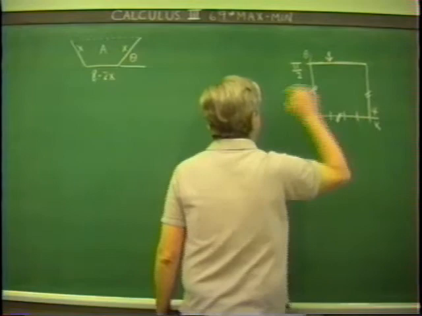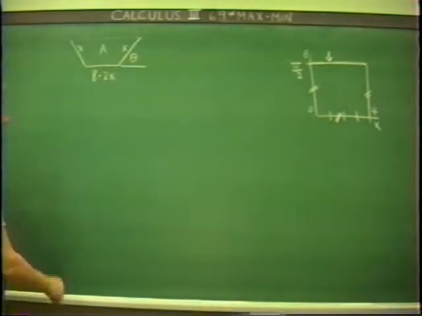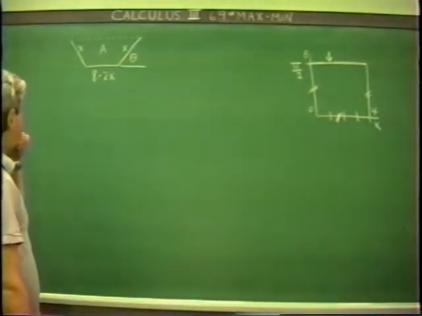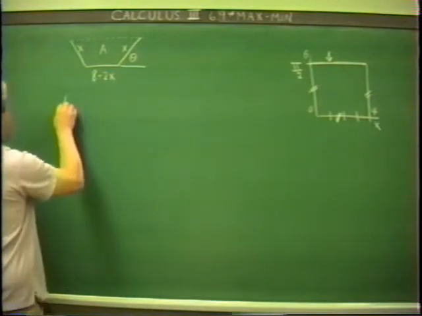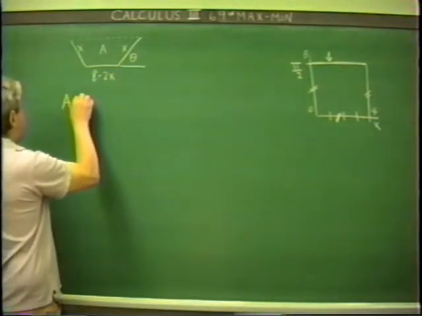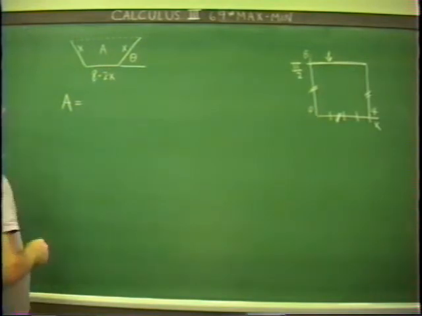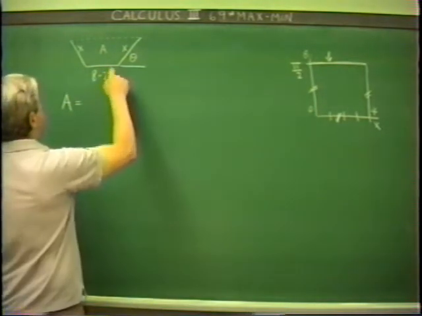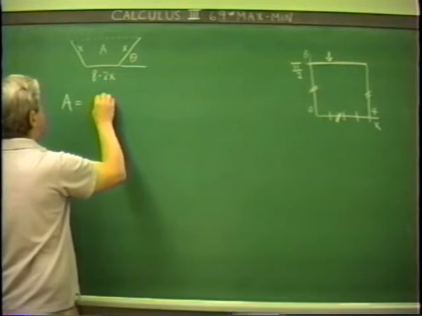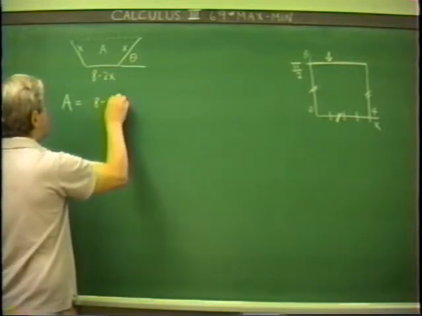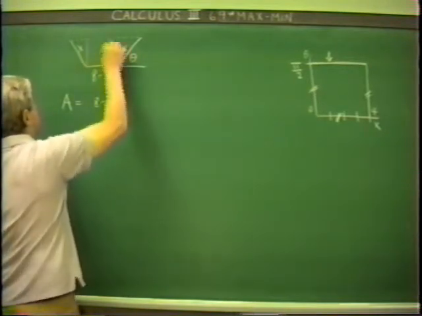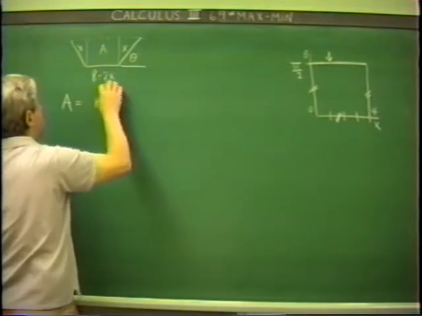But it is possible that the maximum will occur on this part of the boundary right here, so we'll need to check that separately. However, what we wish to do now at this point is to write this area here as a function of x and theta. What's this going to be? Well, we've got 8 minus 2x.